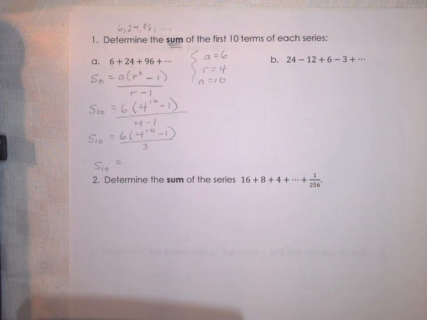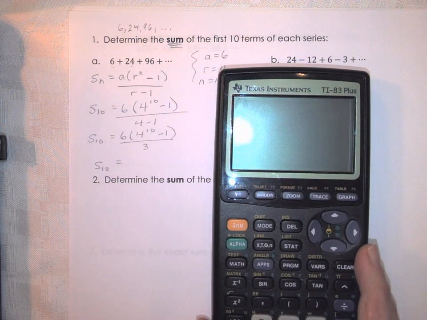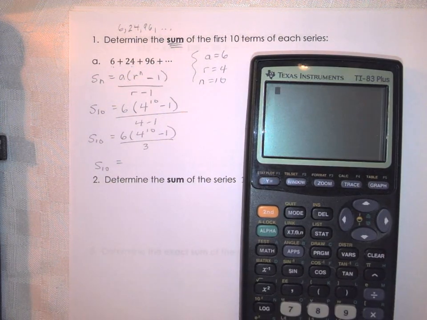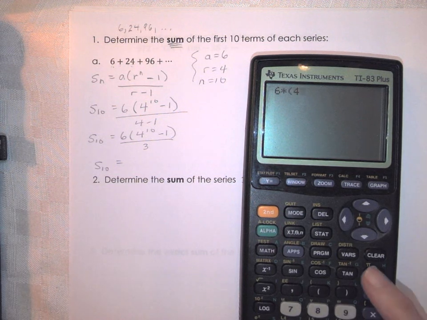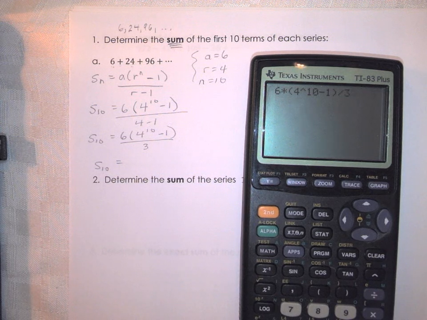So watch me type it in. So here's a calculator. So we've got 6 times bracket 4 to the power of 10 minus 1 closing bracket, so that's the numerator, divided by 3.